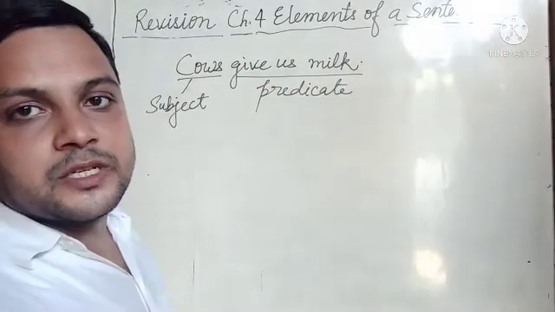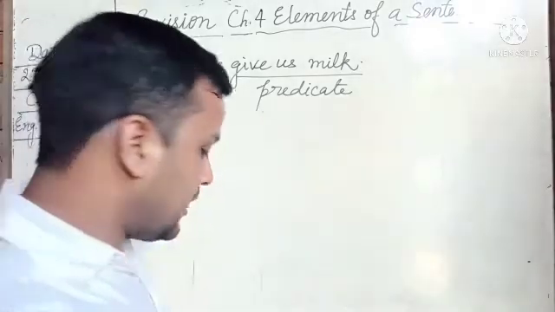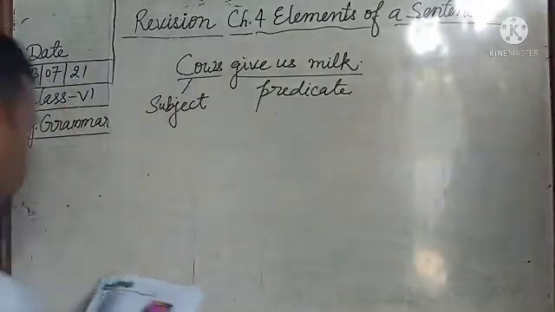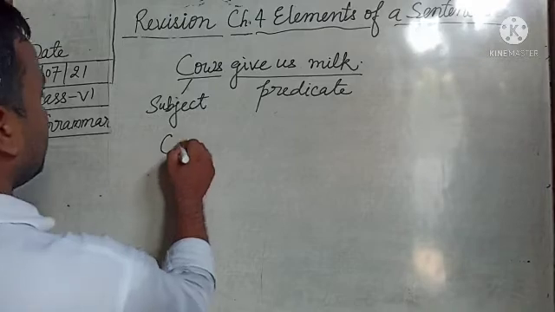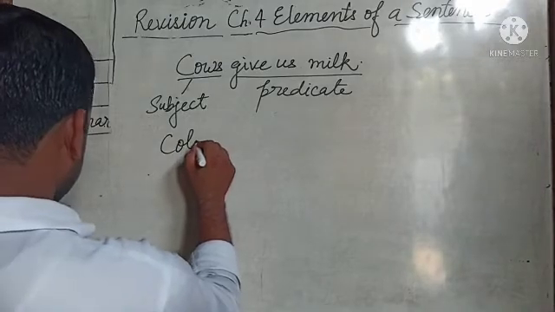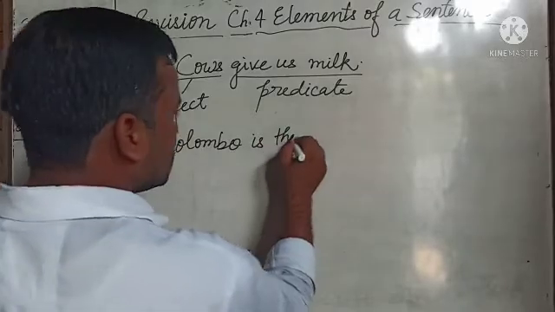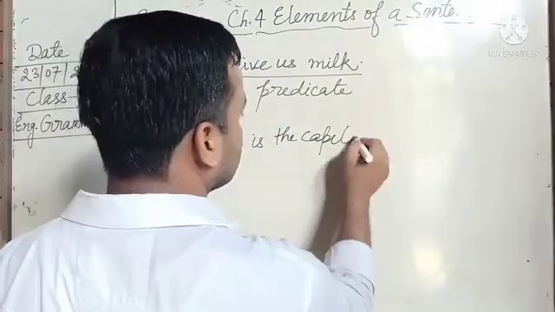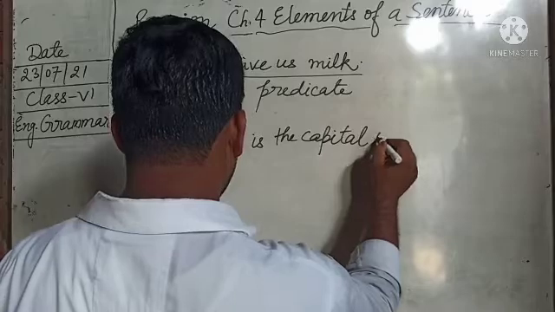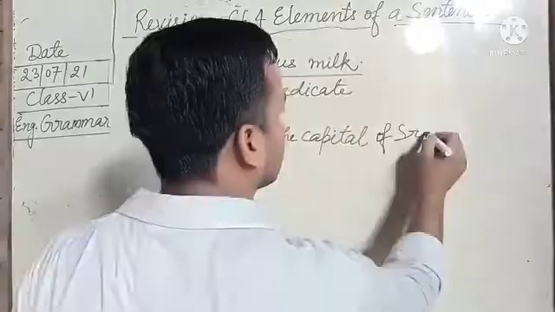So in this chapter, students, you have to separate the subject and the predicate. For example, it is given: Colombo is the capital of Sri Lanka.